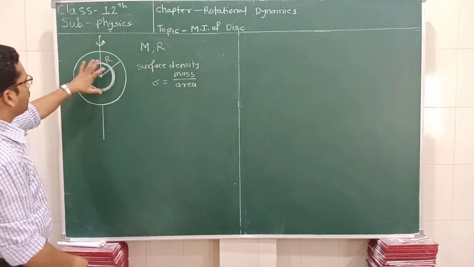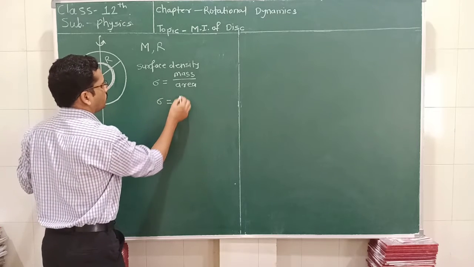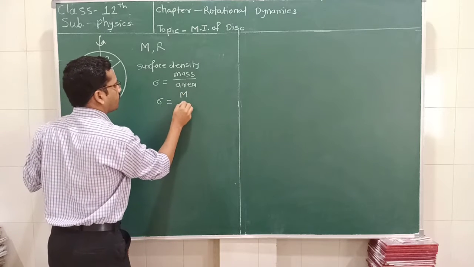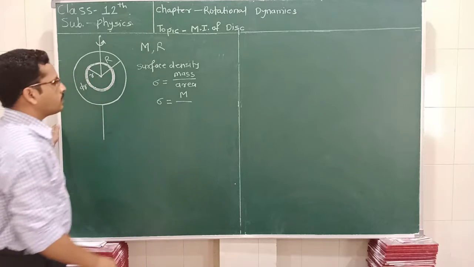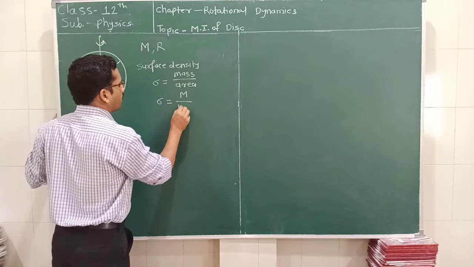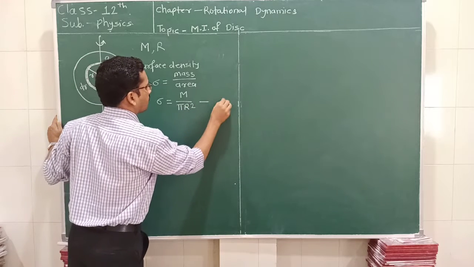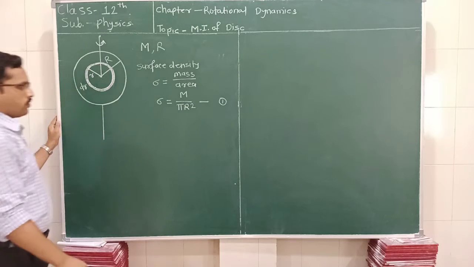Therefore, in this case, we can write surface density sigma is equal to mass, that is capital M, divided by area. What is the area of this circular disk? It is equal to pi R square. Give it as equation number 1.